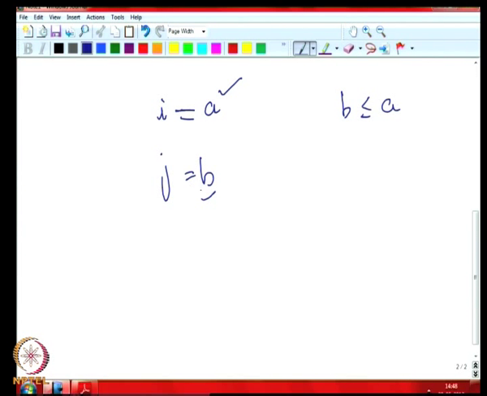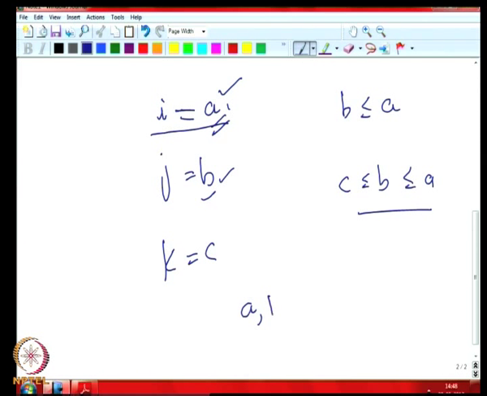And when i equals a and j equals b, k will also take the value c, because c is less than or equal to b. So when it reaches the print statement, the values of i, j, k will be a, b, c. So the number of print statements will be equal to the number of members of this set.